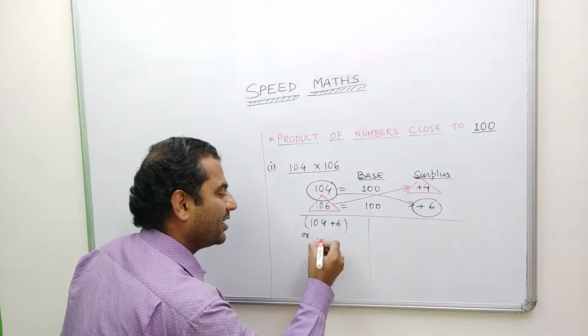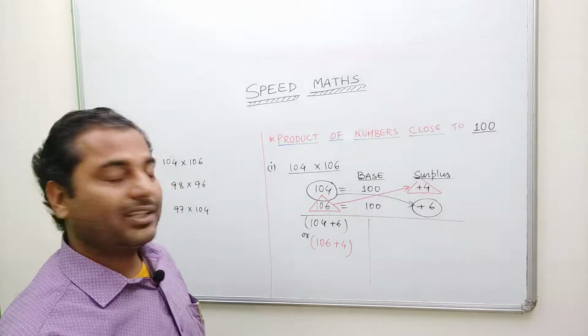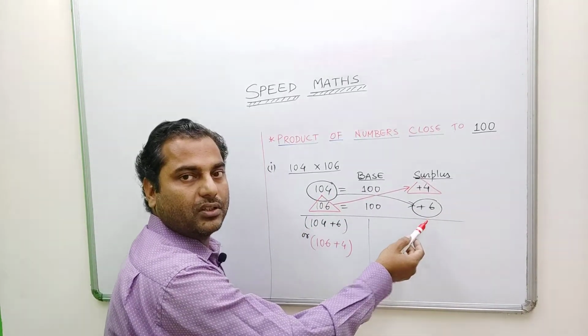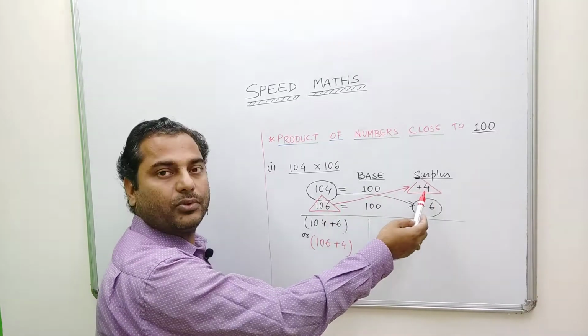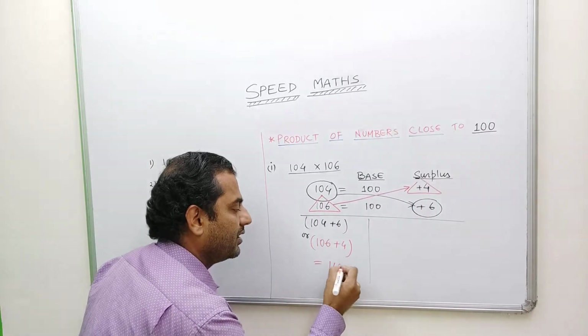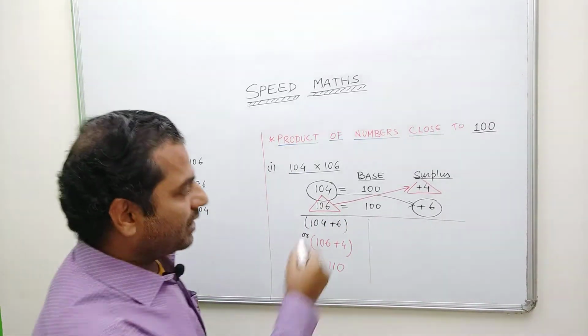So it can also be written as 106 plus 4. This is on the left hand side. Whether you take 104 and add 6, or take 106 and add 4, in both cases we get 110 on the left hand side. So what will come on the right hand side?